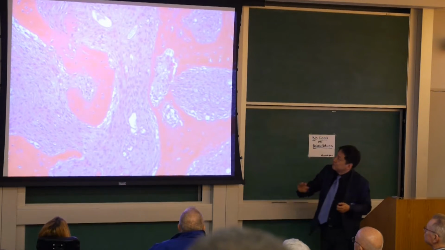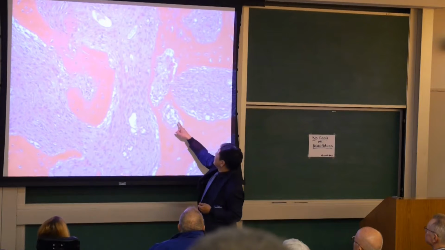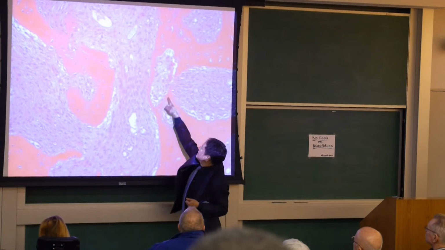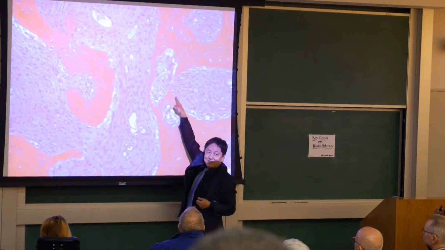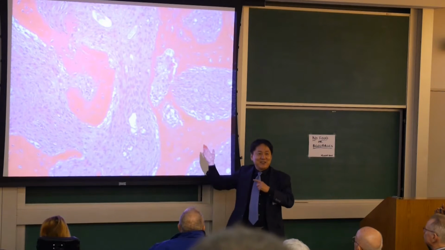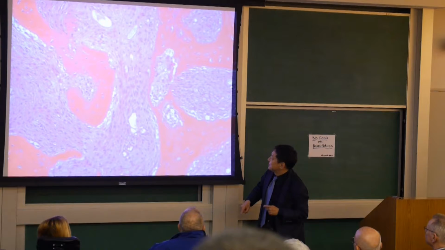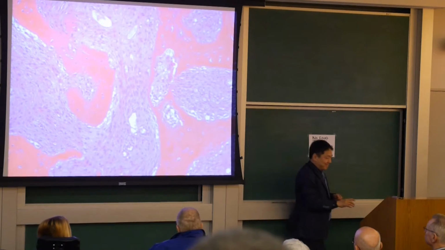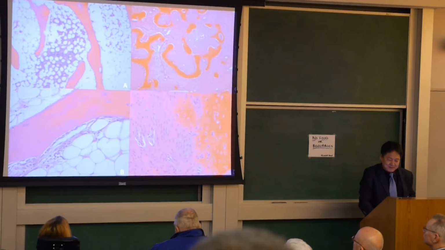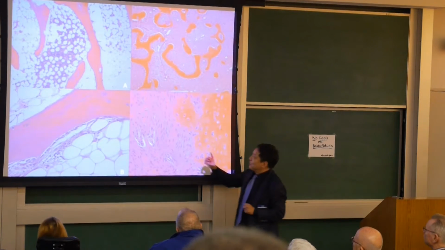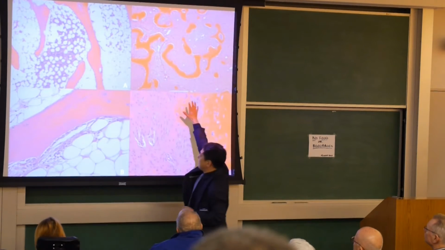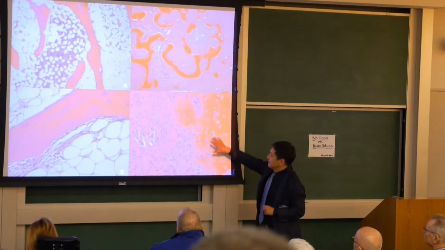Another high power view. Can you recognize these cells, monster cells? They are eating bone. This is why X-rays show a scalloping or apple core-like appearance. So again, this is a comparison between normal and fibrous dysplasia.